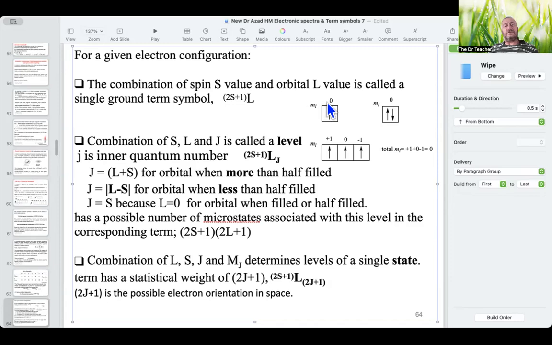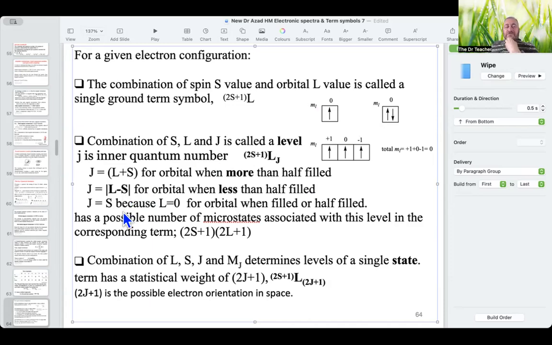I have only one, only 0. So when the total of ML is 0, which is half filled, you omit the L value, and you end up with J equals S.